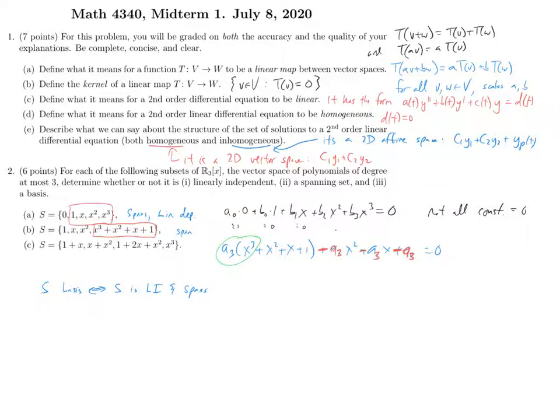Finally, the last one, what I want you to notice, I tried to make this as obvious as possible, not everybody saw it. This vector is just that one plus that one. So what we have is one vector here, another one, and this doesn't add anything. So this is redundant.